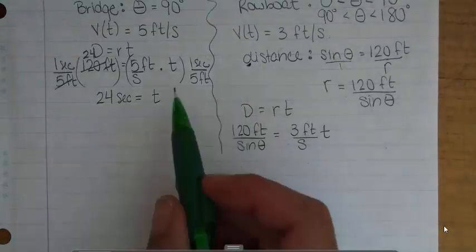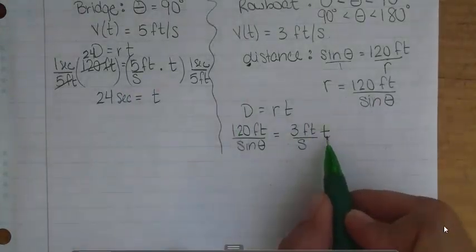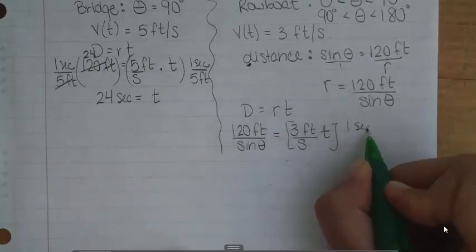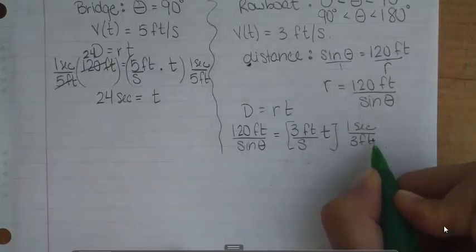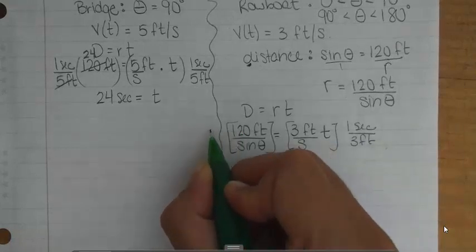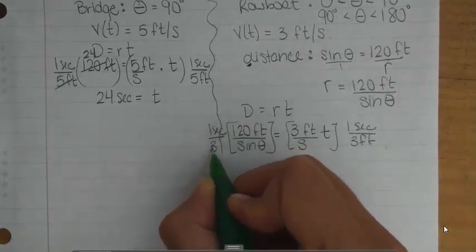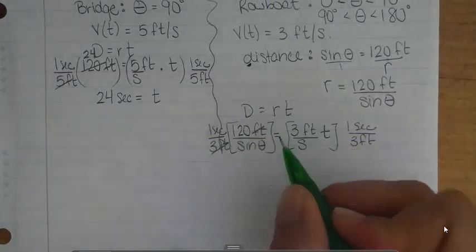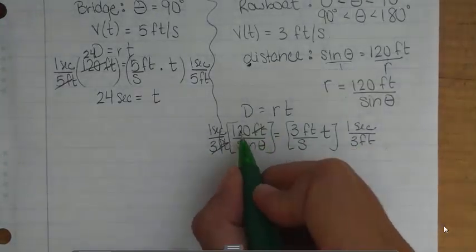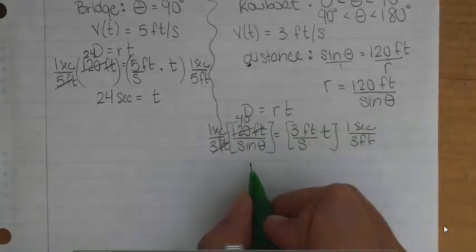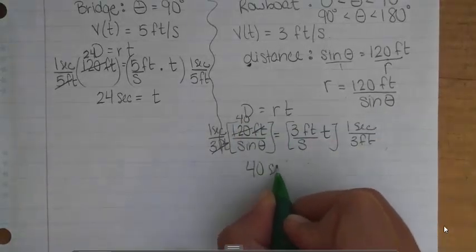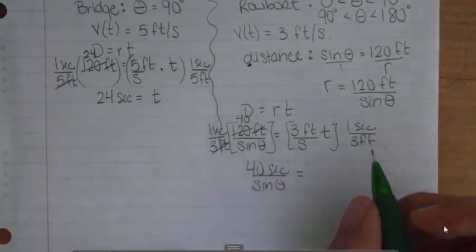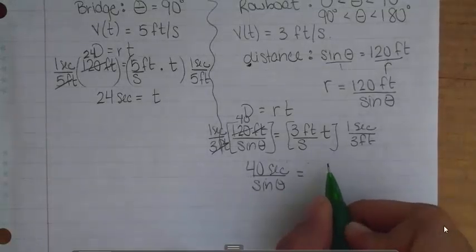Now I'll do the same thing I did over here, getting time by itself by multiplying both sides by 1 second per 3 feet. Again, the feet go away, and here I'm left with 40. So I've got 40 seconds over sine theta equals time.